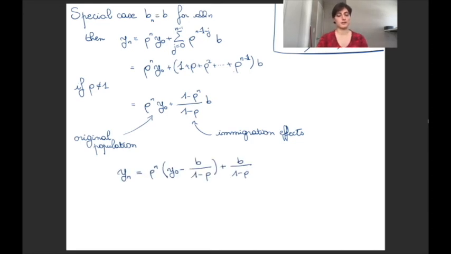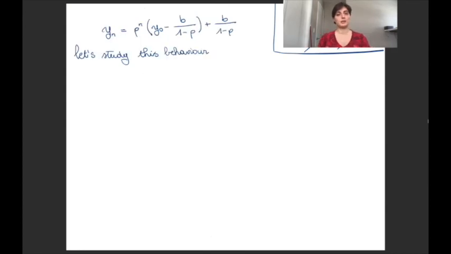We can rewrite things a bit better, and we have y_n is equal to rho to the n times y_0 minus b over 1 minus rho, plus b over 1 minus rho. And if we look at this, we want to study this behavior a bit better. We want to see if it asymptotically tends to something or other. And what we see is that for rho equal to 1, we have fractions with 1 minus rho at the bottom, so this equation is not valid.